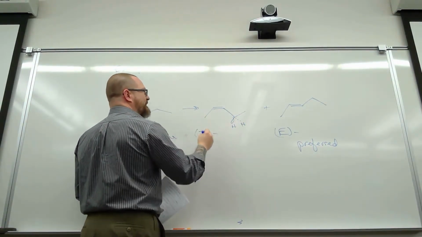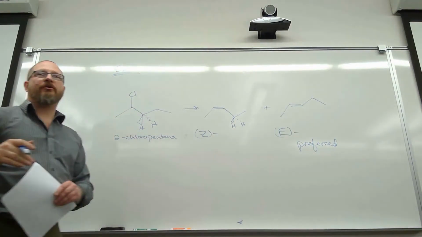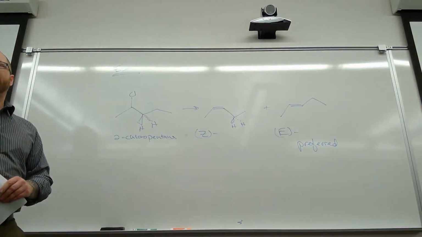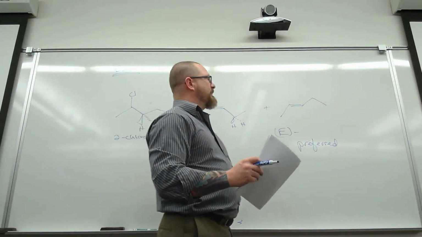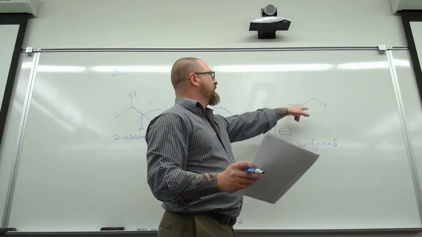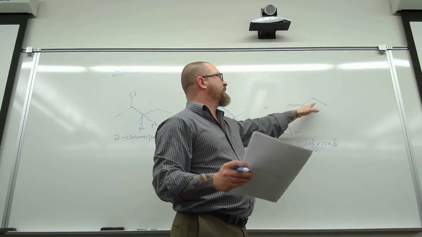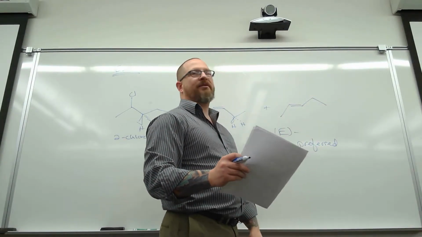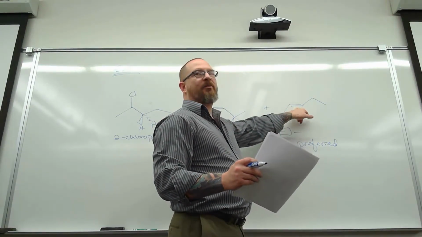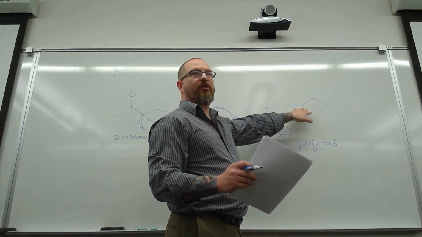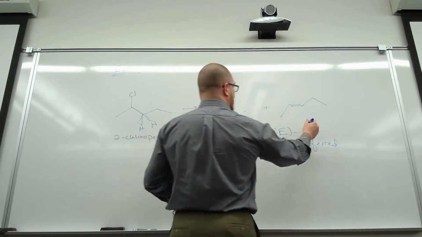Bulkier groups are okay, we've got the bulkier groups further away from each other. Both of those factors come into play. Having the bulkier groups trans from one another so that they have a little bit more room is going to make for a more stable product. So this is going to be preferred as a more stable product. So that's going to be our major product.